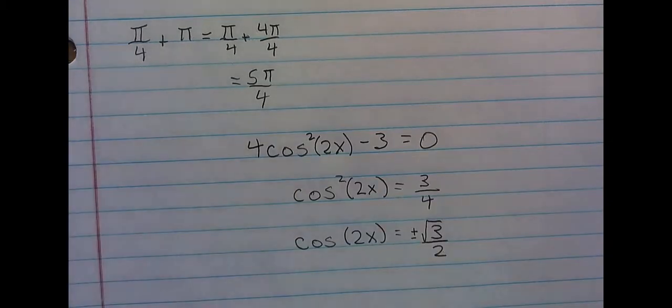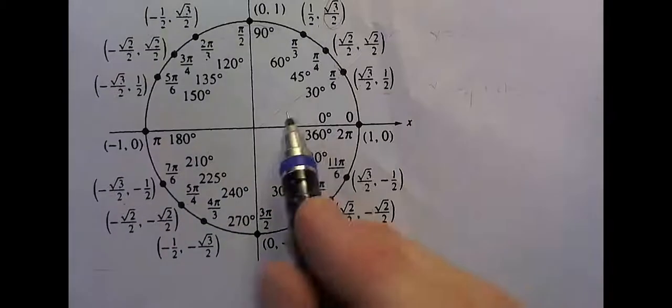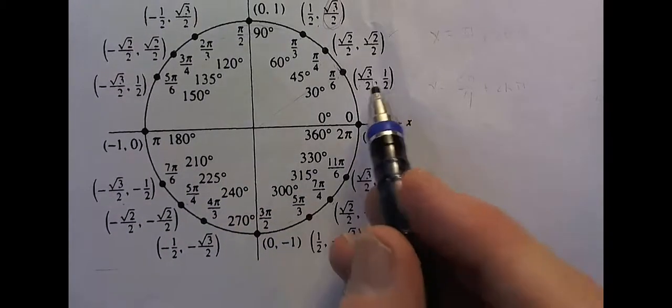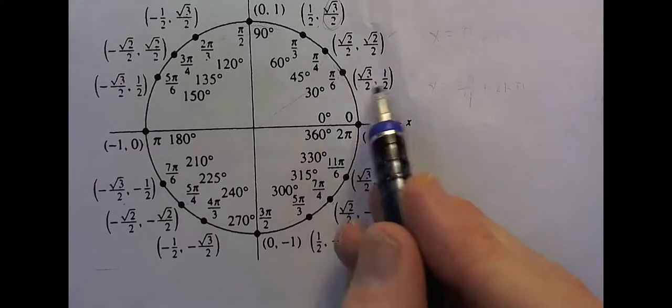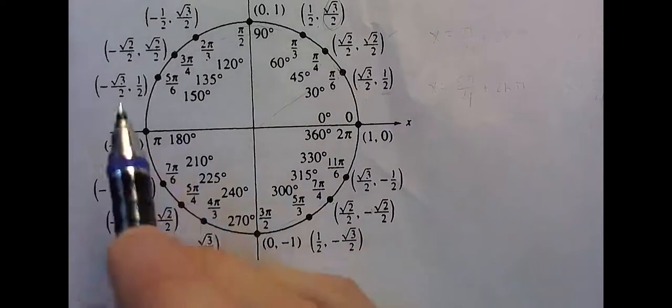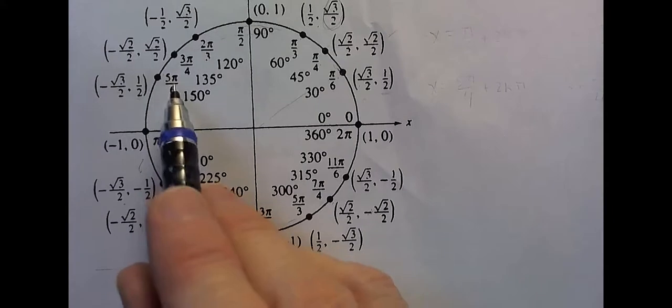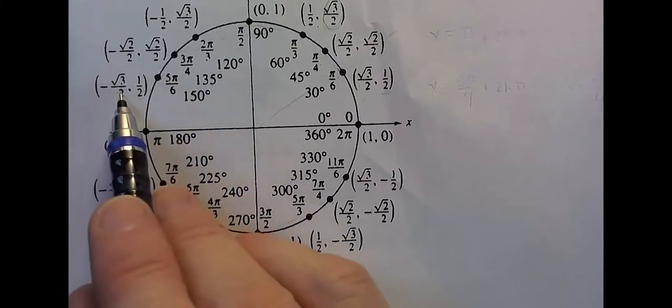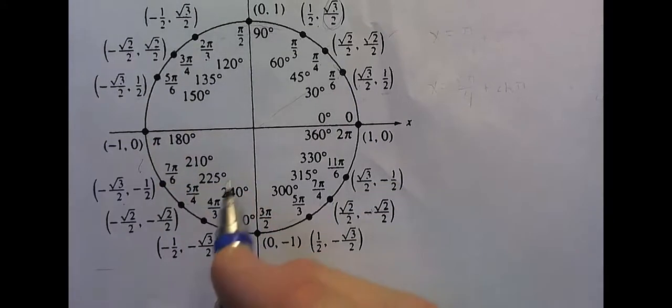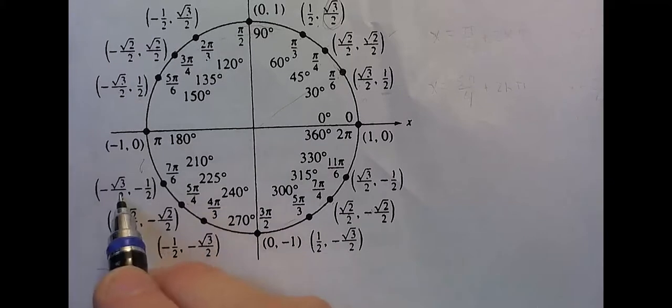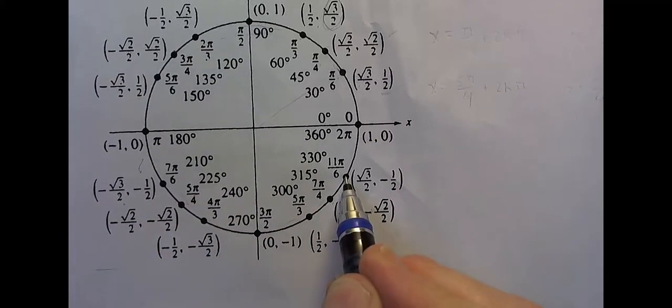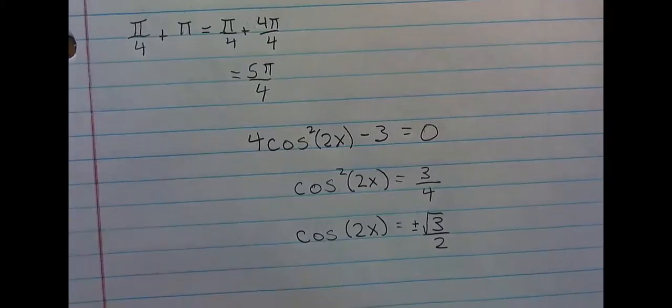Now, once again, you can go back to the unit circle. Remember, cosine is the horizontal component. So here you've got pi over 6, that's positive, negative, 5 pi over 6. See, there's a negative square root of 3 over 2. And then you've got 7 pi over 6 and 11 pi over 6. So we could write those solutions.